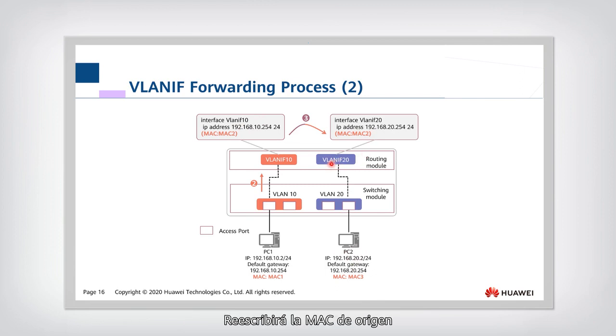So it will rewrite the source MAC and destination MAC of the packet. The source MAC should be rewritten as itself, MAC 2, and the destination MAC address should be rewritten as still MAC 2, and then it is sent to VLAN interface 20.